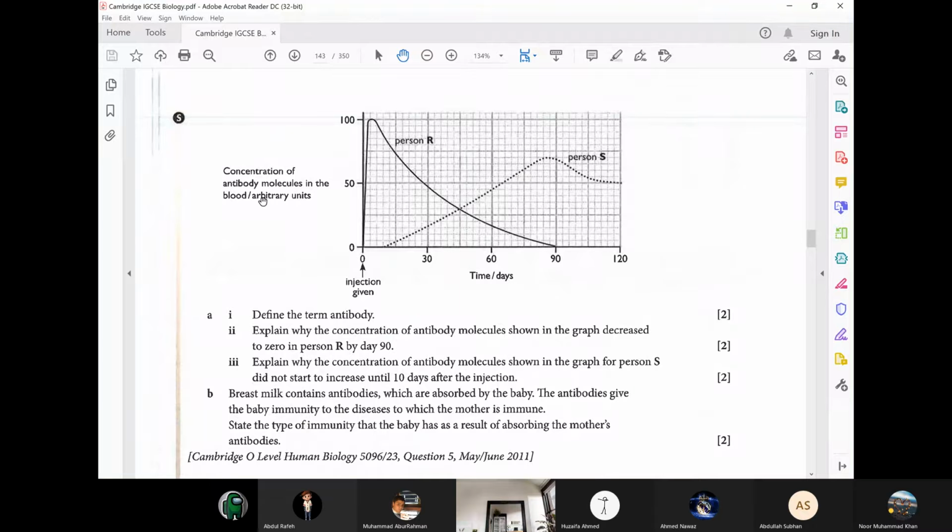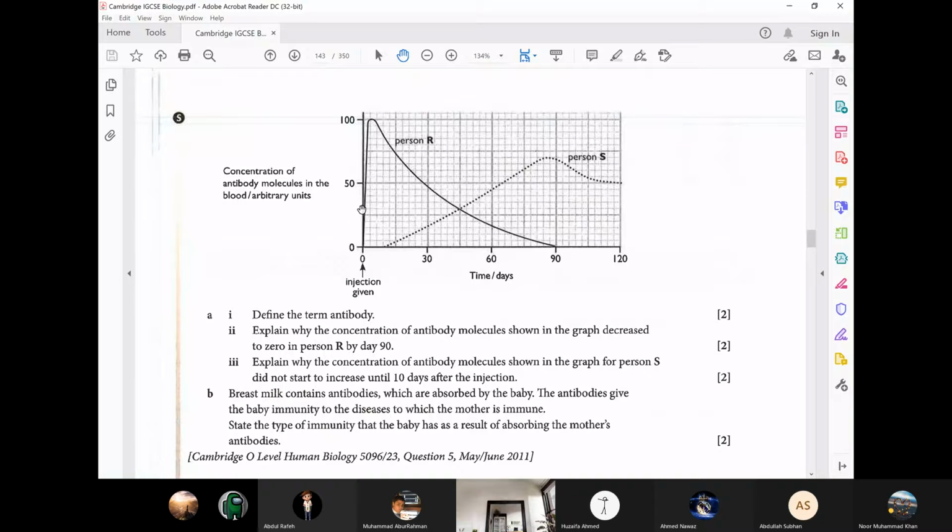Look here, this is the concentration of antibody molecules in the blood in arbitrary units, and this is the time in days. In the person S, the antibodies start increasing after the 10th day, and they become very high at about day 80, and then you see the decrease, and from day 112 they become almost constant and do not decrease.